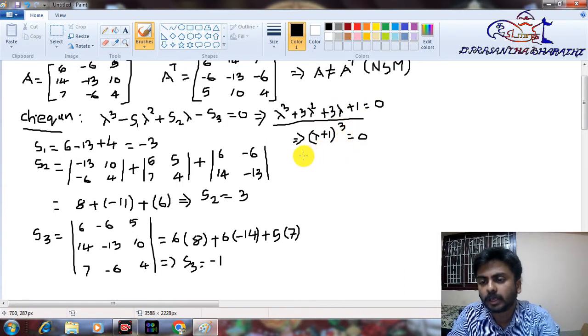Then lambda equal to -1. How many times? 3 times.